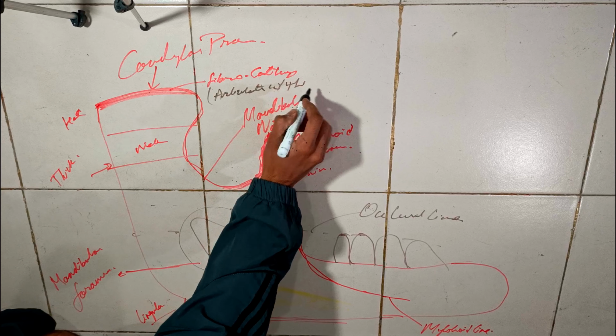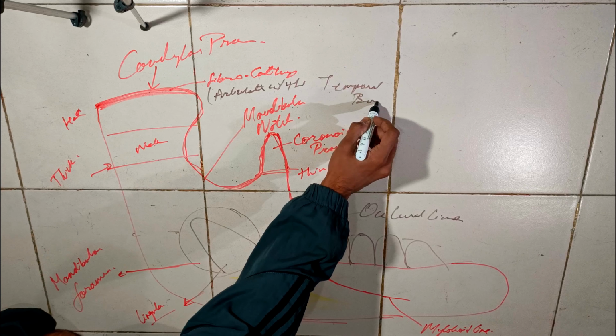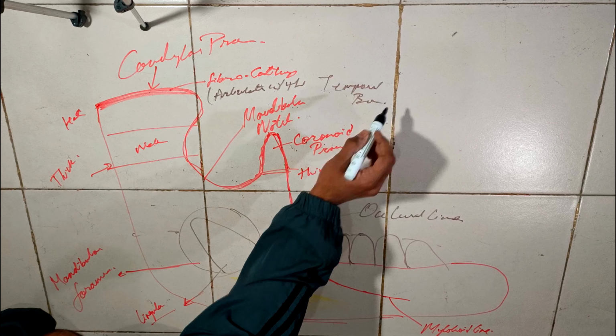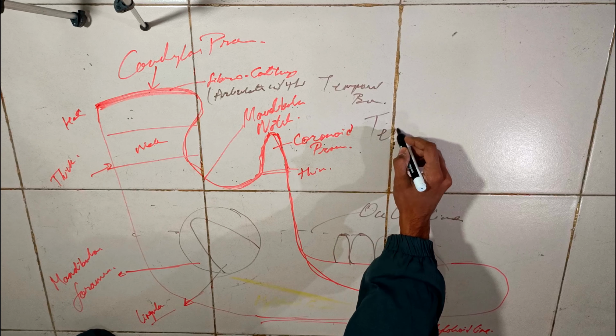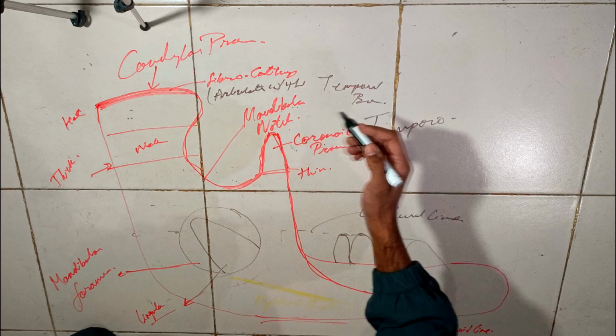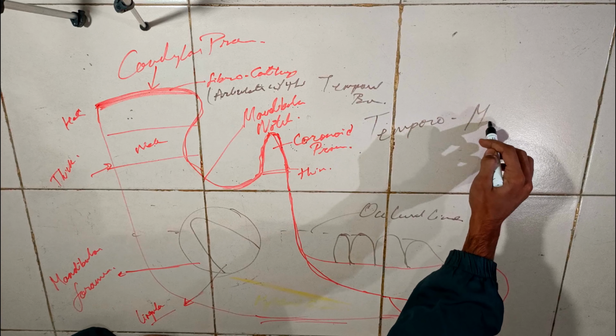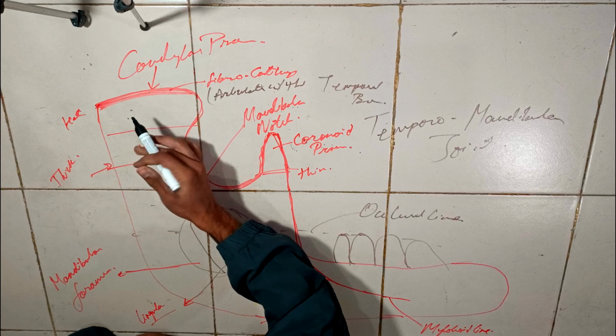Always when naming joints, if the joint is between two bones, then they name it using half of this bone and half of the other bone. So this will be temporo, because it joins with the temporal bone of the skull, and mandibular joint. So why fibrocartilage? To avoid friction.